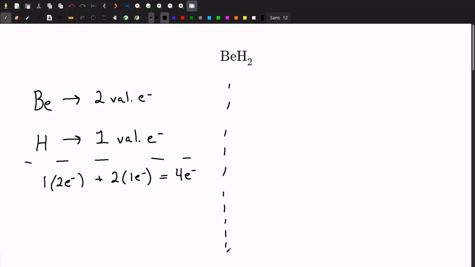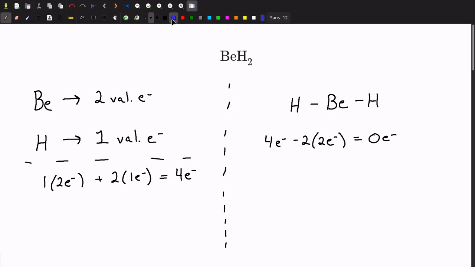Now, normally we would want to place the least electronegative atom in the center, but we can't do that in this case because hydrogen has to be terminal, so we need to have Be in the center and hydrogen on the outside. We had 4 electrons and we just burned all of them, just forming those 2 bonds, so we have 0 electrons left in our bank now.